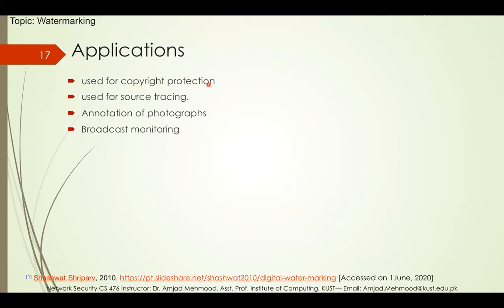It is used for copyright protection and for source tracing. So you can use watermarks for tracing the source. Annotation of photographs, broadcast monitoring. Normally these are the applications of watermarking. There are some others, but I have chosen those applications which get to the crux of this concept.